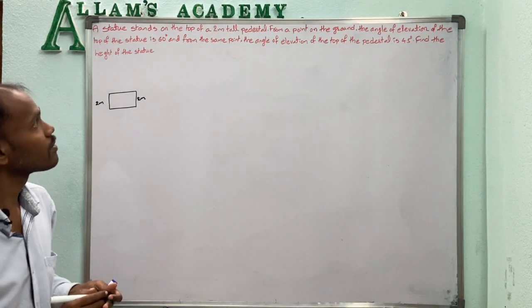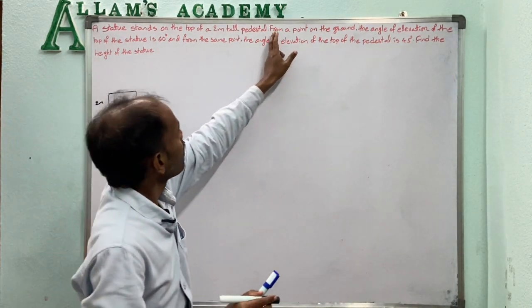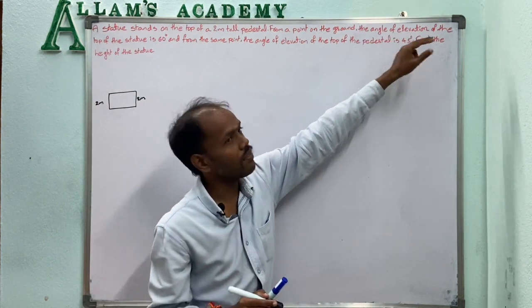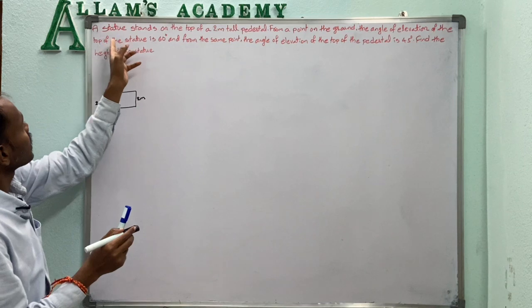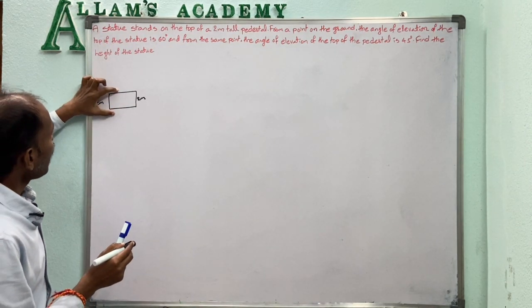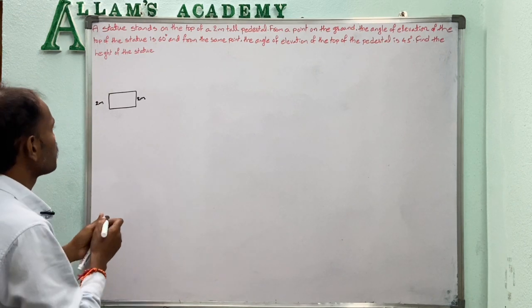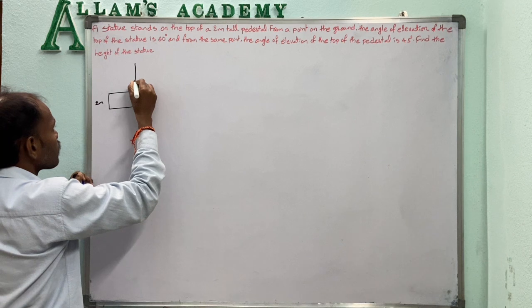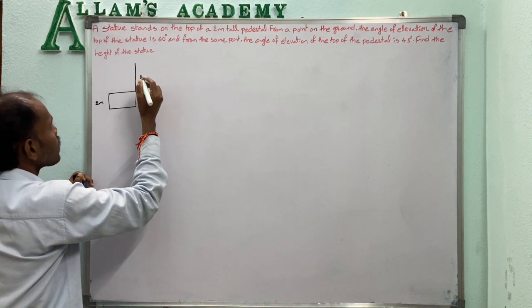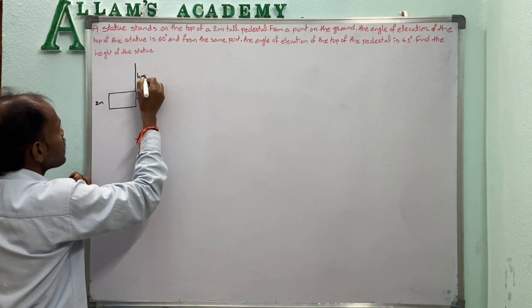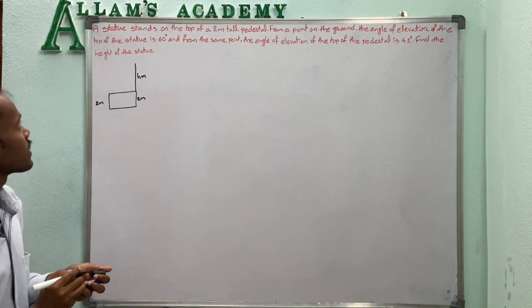Next, from a point on the ground, the angle of elevation of the top of the statue is 60 degrees. On that pedestal a statue stands, its height we don't know. So, we take the height of the statue as h meters.